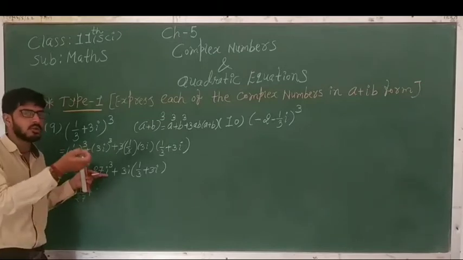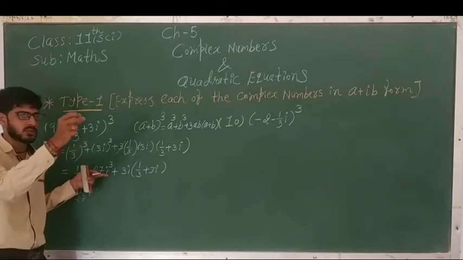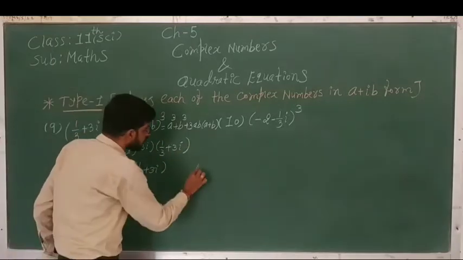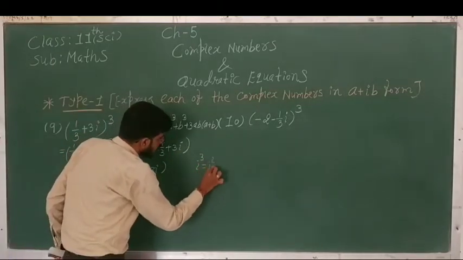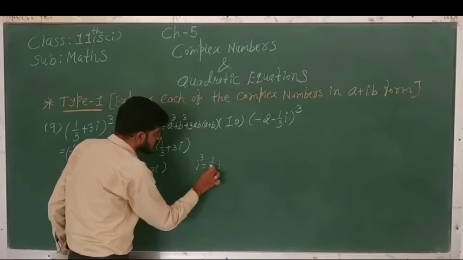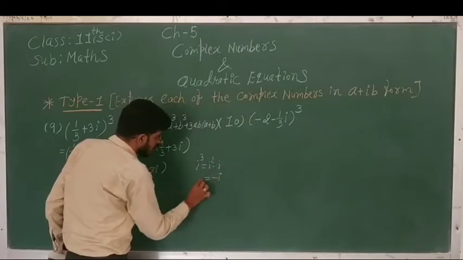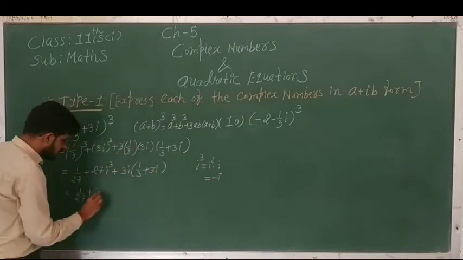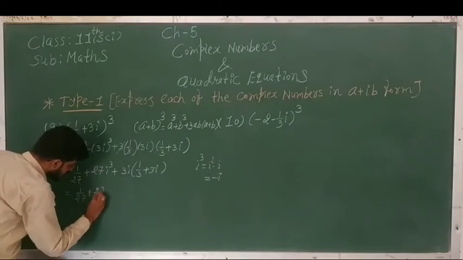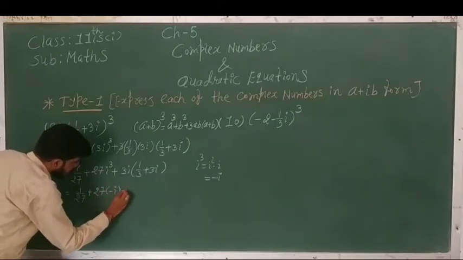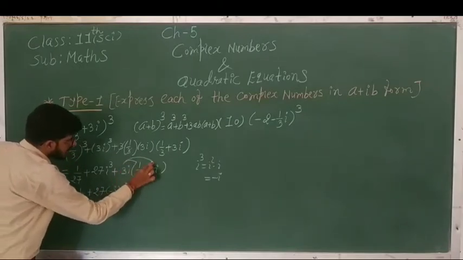The value of i cube is minus i, because we can write i cube equal to i square into i, and the value of i square is minus 1, so minus 1 into i will be minus i. So the value of i cube is minus i. So 27 bracket minus i, plus we have to multiply 3i.